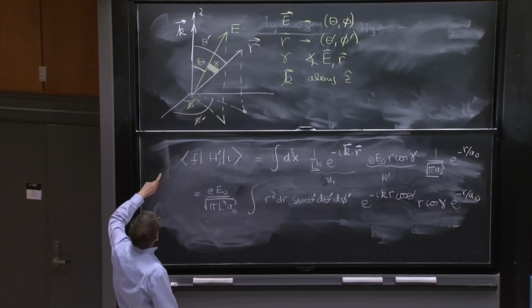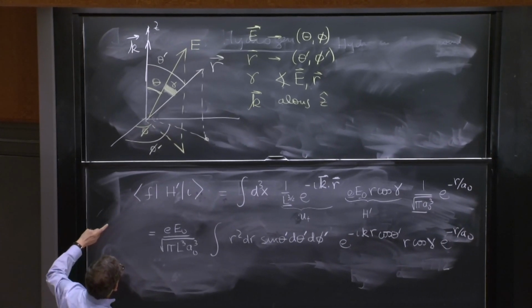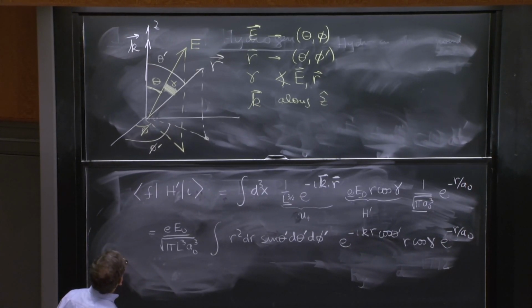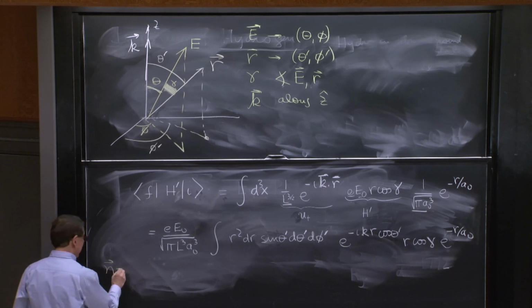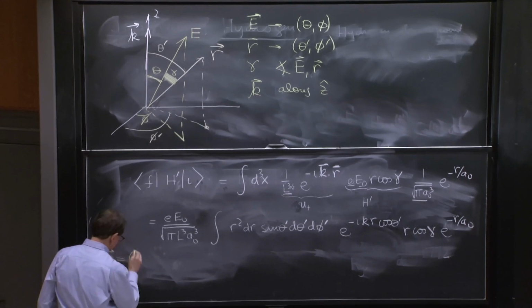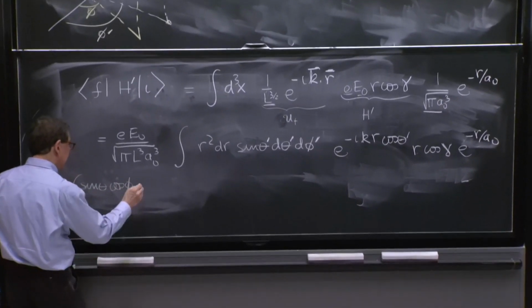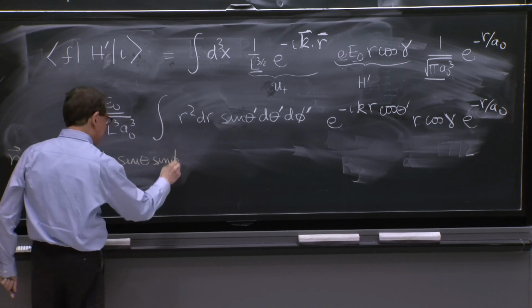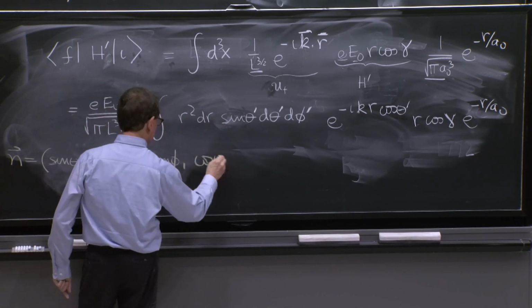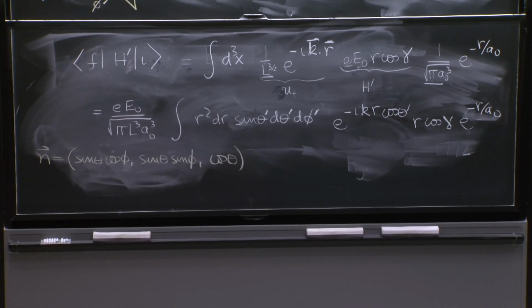So for gamma, we can consider a unit vector along E and a unit vector along R and take the dot product. And remember, an arbitrary unit vector is sine theta cos phi, sine theta sine phi, cos theta. This is the theta phi decomposition of an arbitrary unit vector.